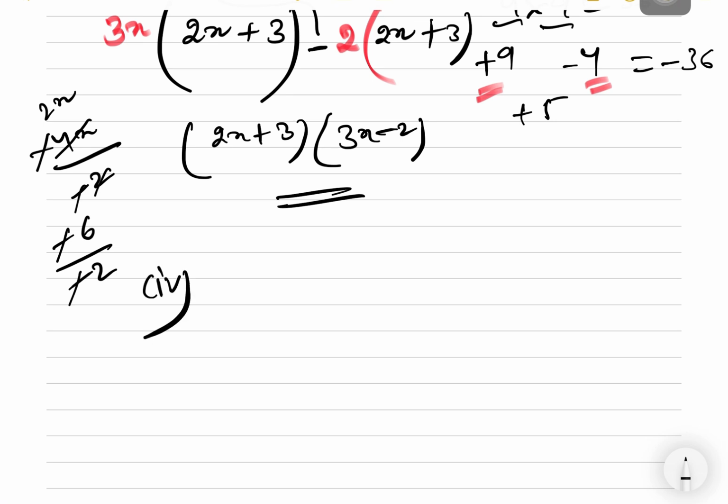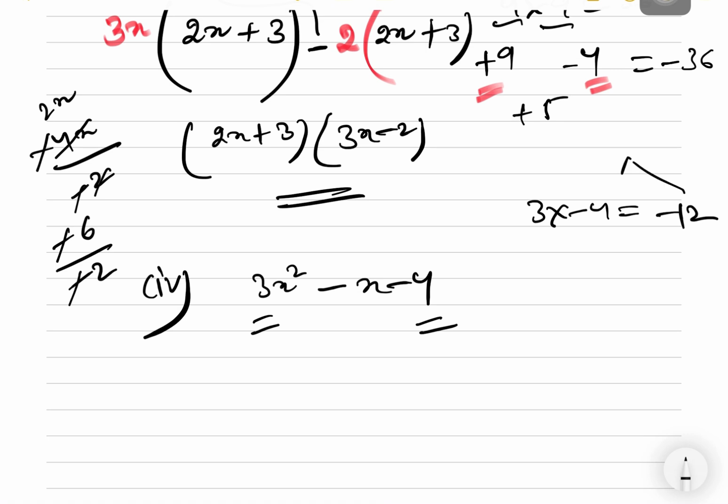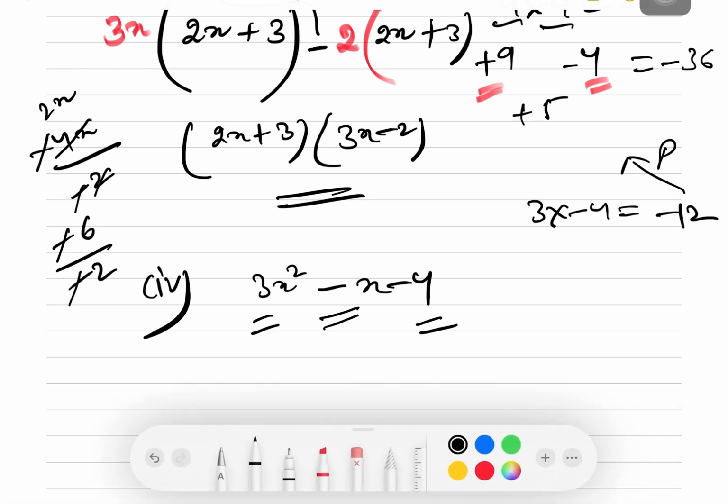Next is the fourth question: 3x square minus x minus 4. So the last constant term is minus 4, the coefficient of x square is 3, so 3 into minus 4 will give you minus 12. Now you have to think of two numbers whose product should be minus 12, but if you add or subtract them, you should get minus 1.